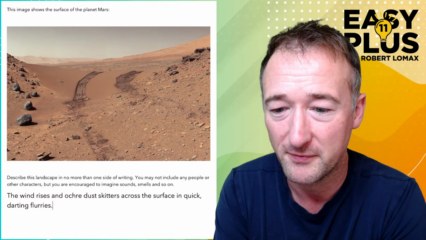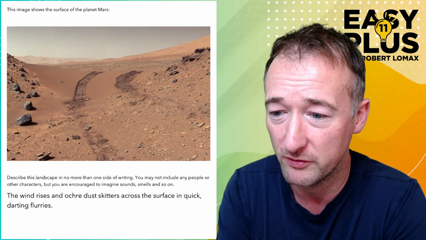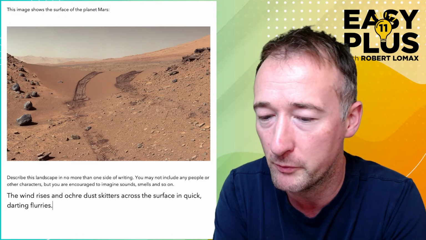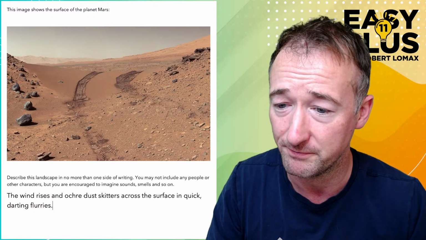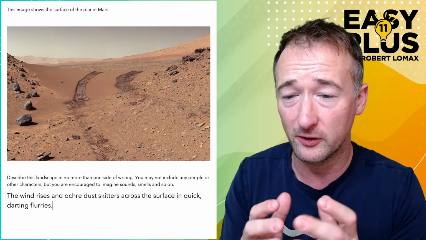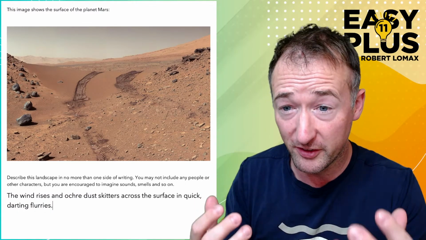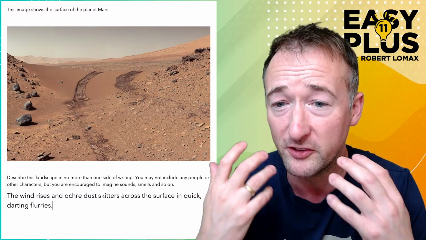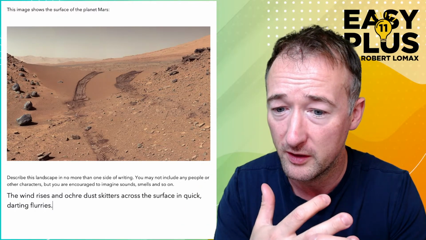Do you see what I mean? We've got quick flurries. And darting is, I suppose, a sort of deverbal adjective. And we've got ochre, but we haven't got too many adjectives here. We're focusing on details that we imagine in the scene. They're things that are not told to us. We don't know that there's the wind. We don't know that the dust is doing this, but we can imagine it, and it does fit with the picture.